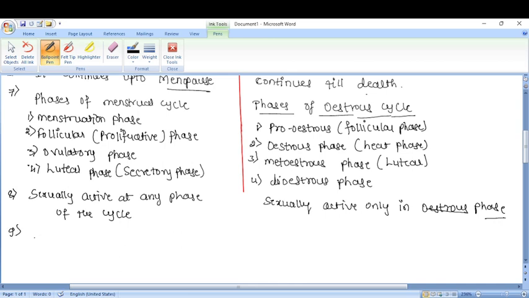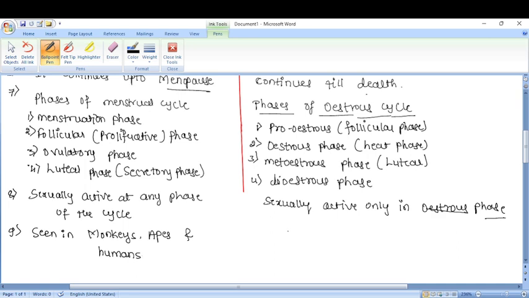The menstrual cycle is seen in females of monkeys, apes, and humans.